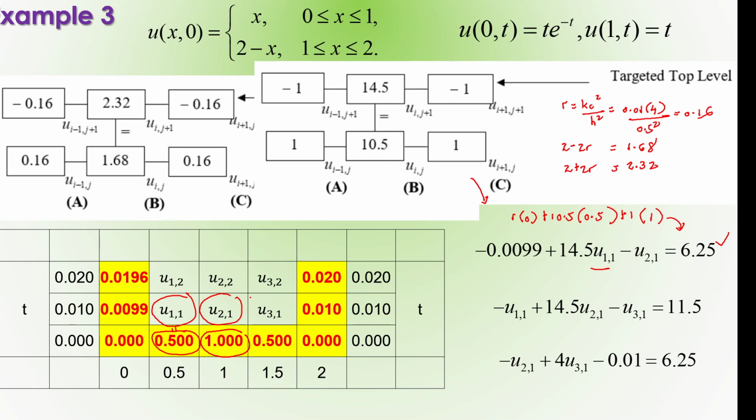So now the second equation, center top at here. So you have 1 times -1 U11 plus 14.5 U21 minus U31, -1 times U31 equal to 1 times 0.5 plus 10.5 times 1 plus 1 times 0.5.